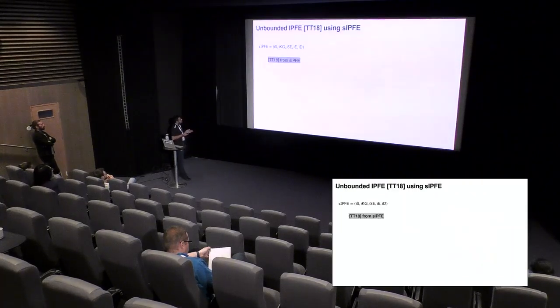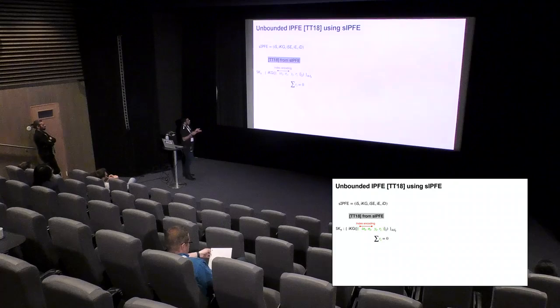Okay, now we can realize the TT18 UIPFE from slotted IPFEs. To construct this, we use 4 slots, where the first 2 slots are for the index encoding, the next slot is for the key components, and the last slot is actually a secret sharing of 0 depending on the index set of the y vectors.